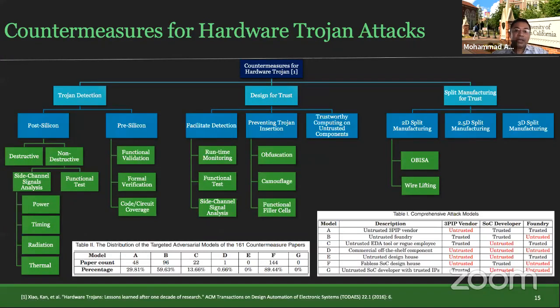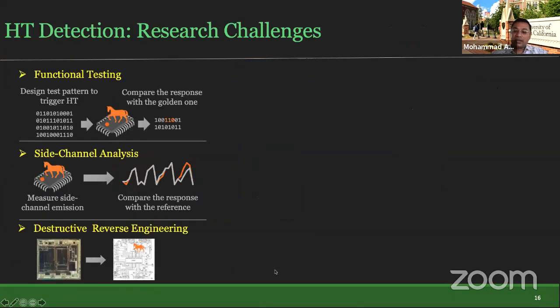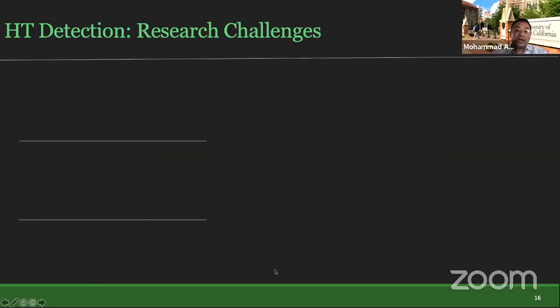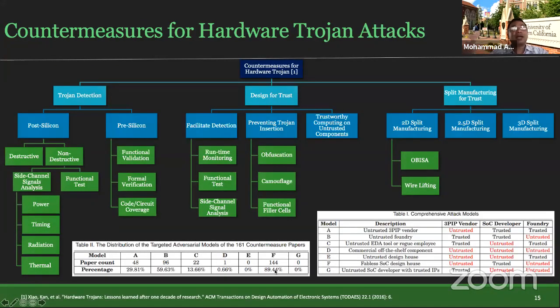There has been a tremendous amount of different types of attacks, and lots of papers, like 48 on type A, and many on fabless SOC design. This work has been extremely popular in the design automation community and the hardware security community, and it got attention globally as a research topic.